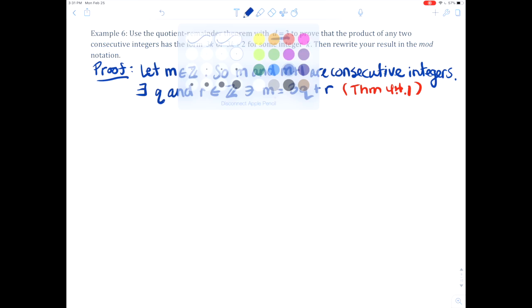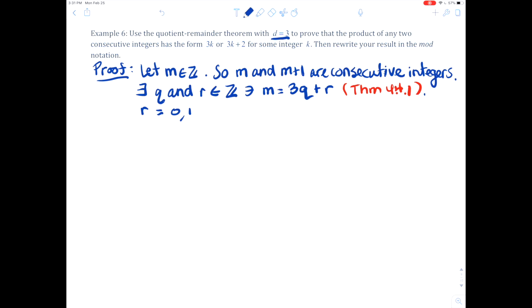All right, so now let's see what we have going on. r can equal 0, 1, or 2 this time, since 0 is less than or equal to r, which has to be less than 3, since our d equals 3.